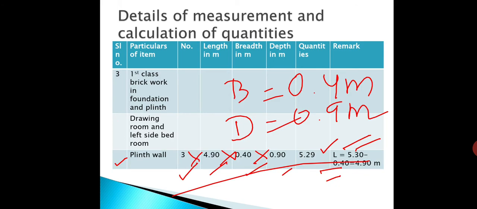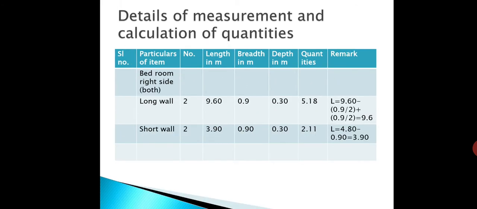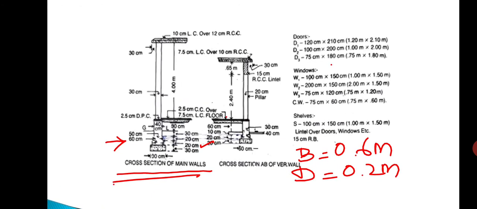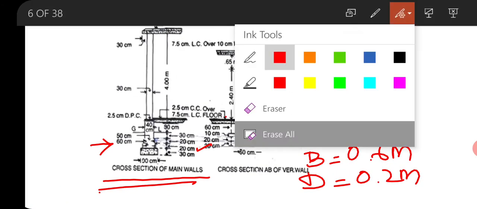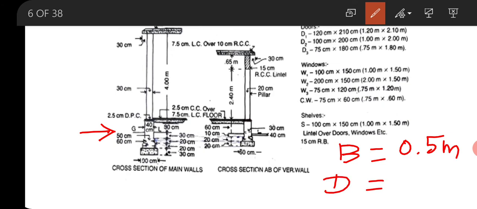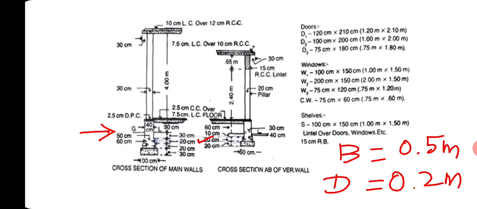So, you can refer the section of the main wall here. See, now we are doing the second footing. So, the breadth of the second footing is 0.5 meter and depth of the second footing is this one, 20 centimeter, 0.2 meter. Okay.